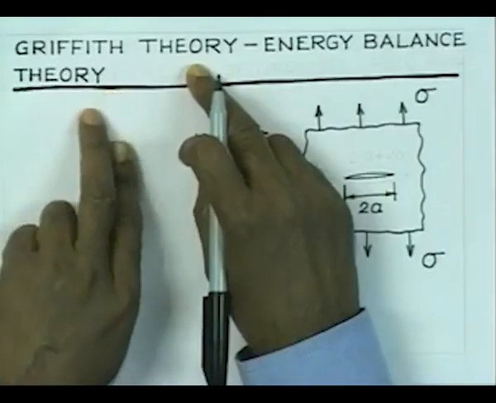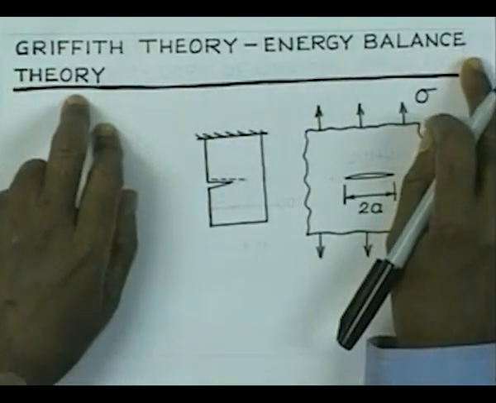So, that was the difficulty in applying the classical criteria of failure, and to obviate all these, there was a new way to look at the failure of brittle materials in the presence of crack, and it was propounded by Griffith, and it is known as Griffith theory or energy balance theory.